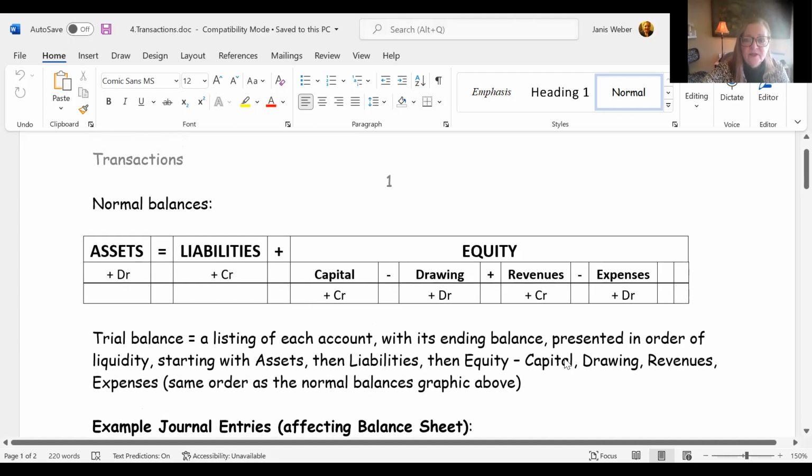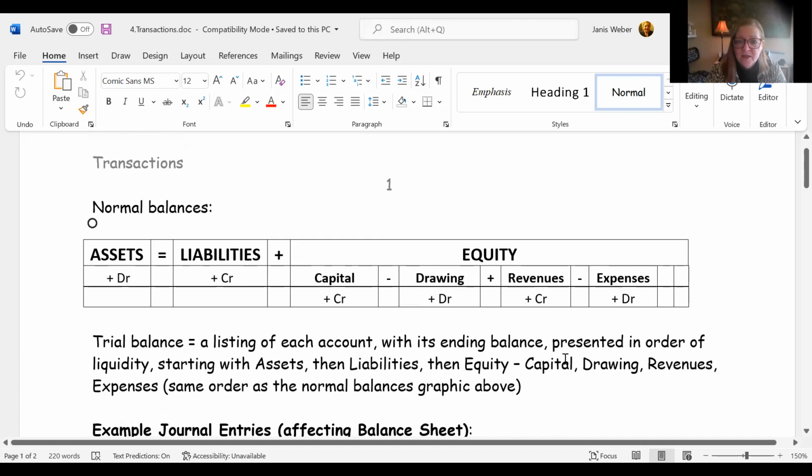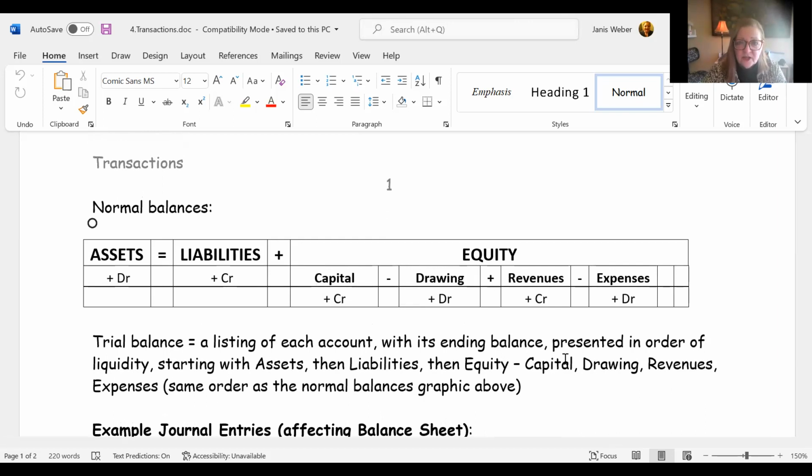All right, and then here's just another explanation for the trial balance. It's just a listing of the accounts with their ending balance for the period, and it's presented in order of liquidity: assets, liabilities, and equity, which includes capital, drawing, revenue, expenses. A lot of people think of equity as just the capital and drawing accounts, and that is true.